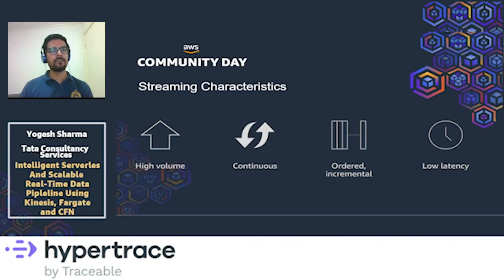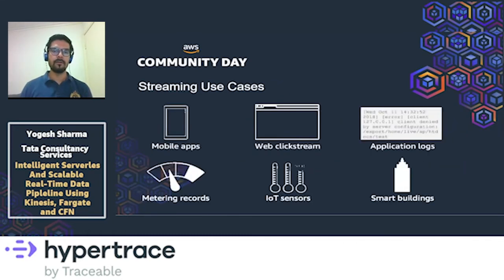There are various streaming use cases available, and industries use streaming data and streaming technologies to handle use cases like mobile apps data, web clickstream data heavily used by retail, video on demand services, and application logs data.